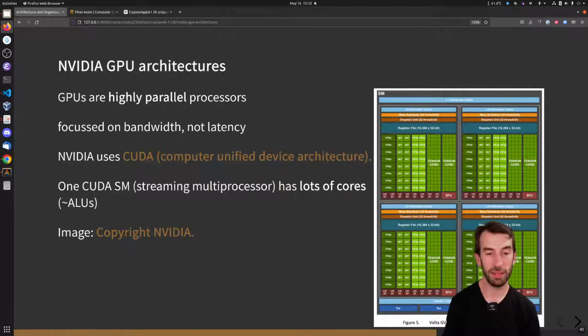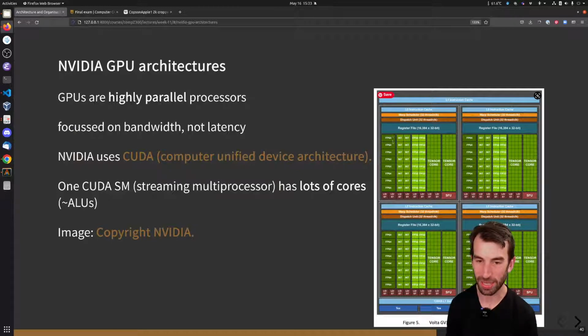But in the NVIDIA CUDA architecture, they've got a thing called an SM, which is called a streaming multiprocessor. And this has lots of cores, which are kind of ALUs. So here's one SM. It has 4 different cores, 4 processors, and then it's got lots of these tensor cores here, and it's got lots of these little registers.